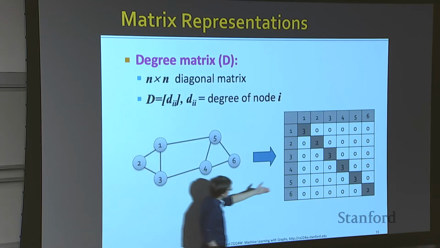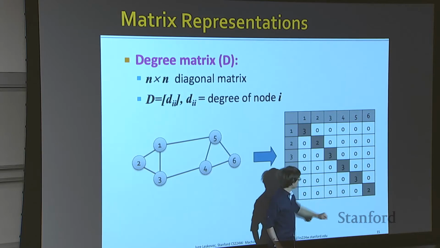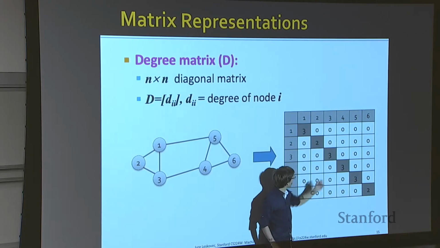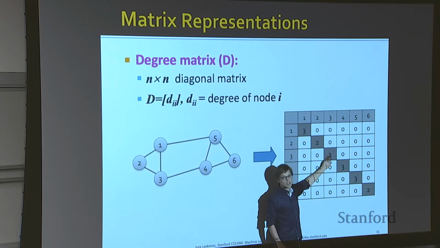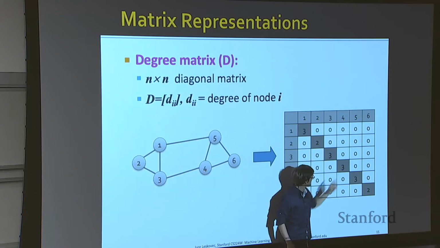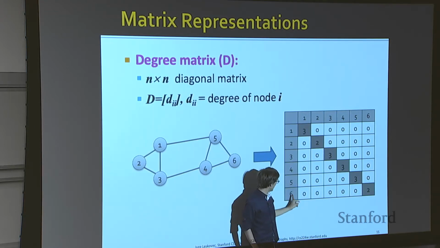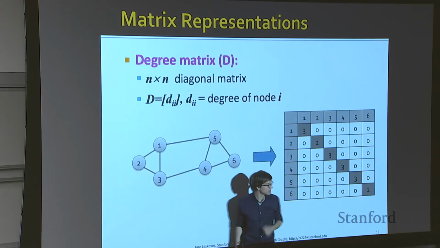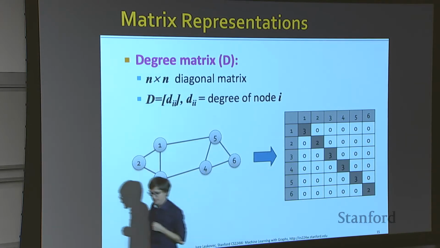The degree matrix is a diagonal matrix where everything is 0 except on the diagonal, and the entry on the diagonal is the degree of that node. So node 3 has degree 3, node 4 has degree 3, node 6 has degree 2. That's called the degree matrix.